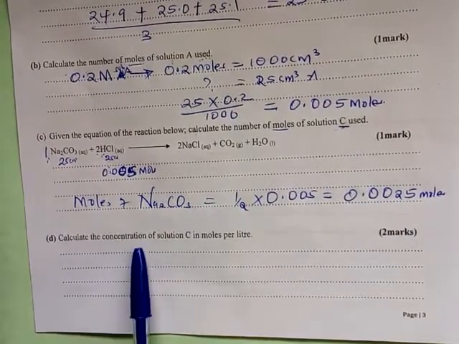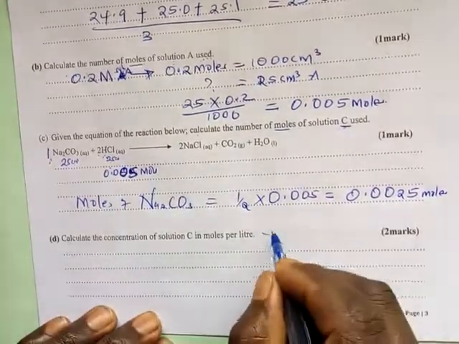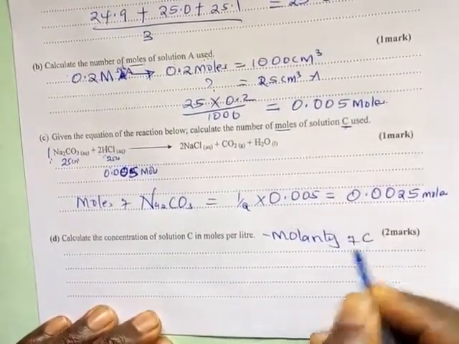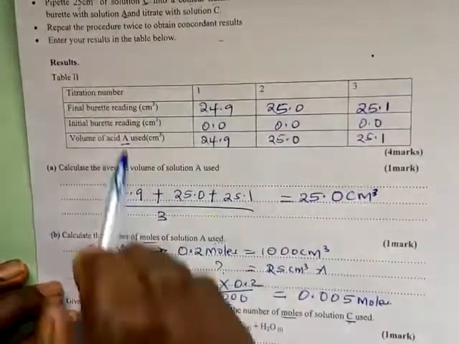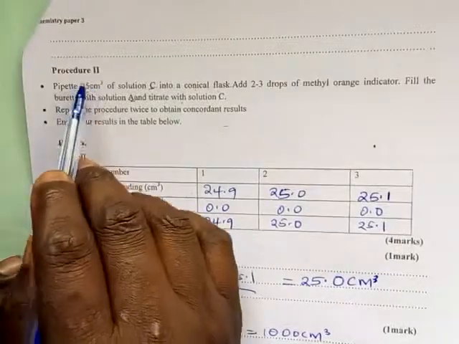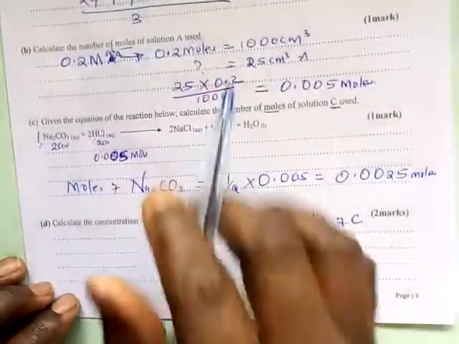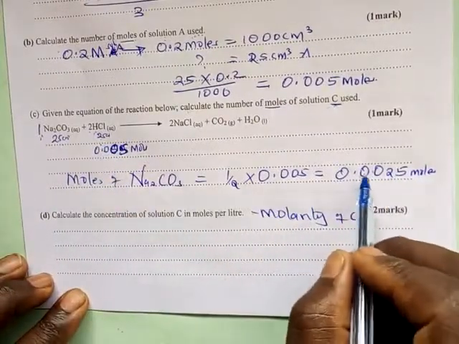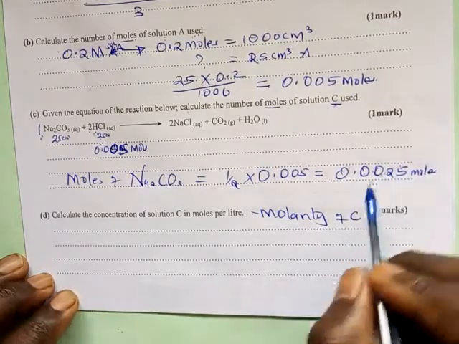Calculate the concentration of solution C in moles per liter. So we want to calculate the molarity of C. We know we used 25 centimeters cube of C. So this number of moles that we have here is the number of moles of solution C in 25 centimeters cube. So what about 1,000?